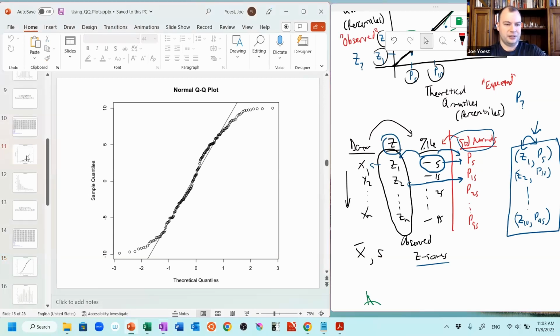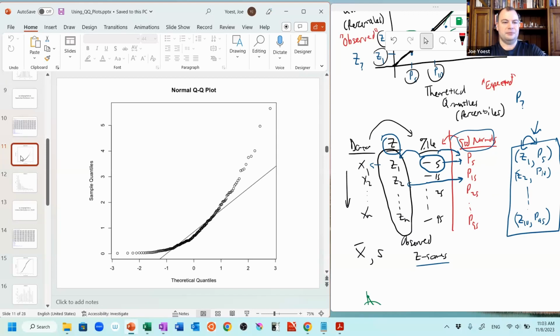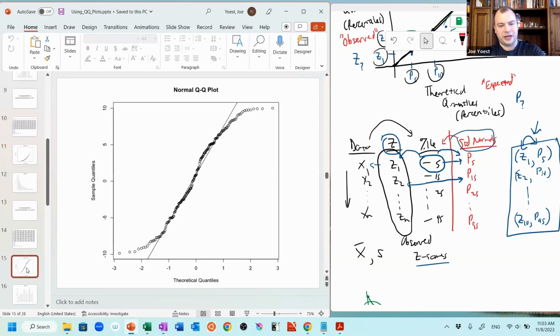You might have noticed that on the exponential distribution as well, it goes from like 0 to 5. There are no negative numbers there, and that's why. But anyway, in the middle here, we see very nice adherence to the kind of perfect normal line, but at the ends is where we start to see substantial deviations.